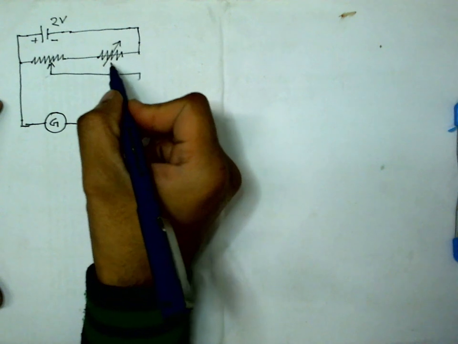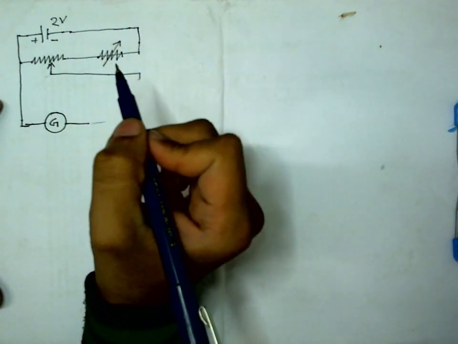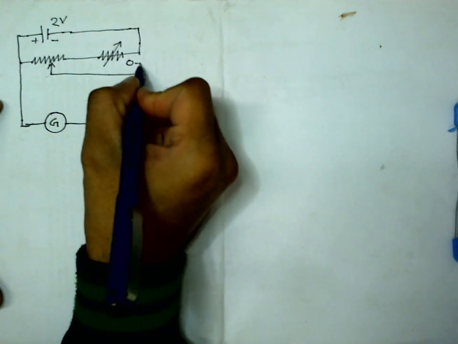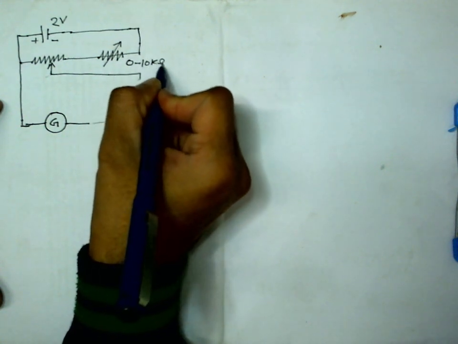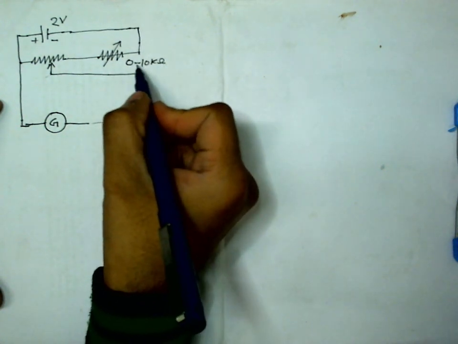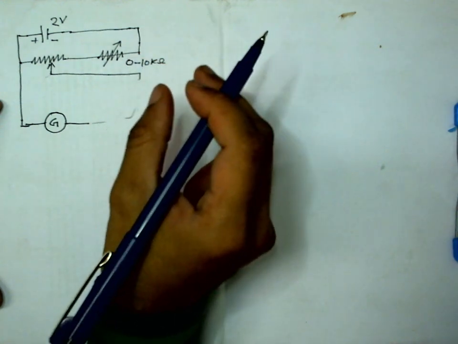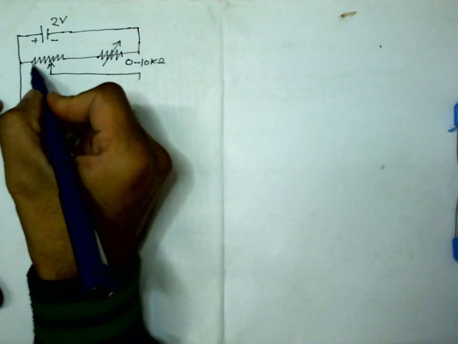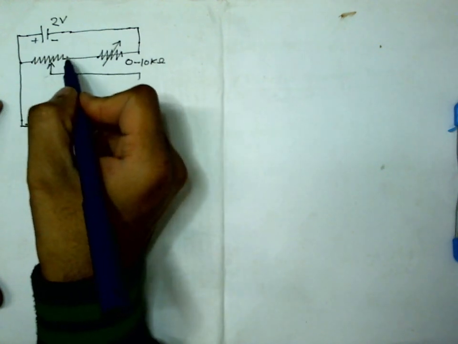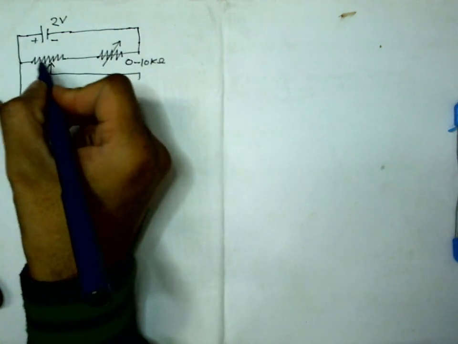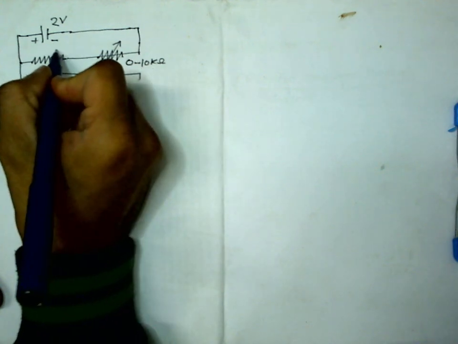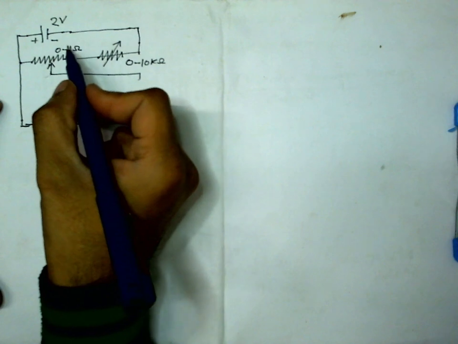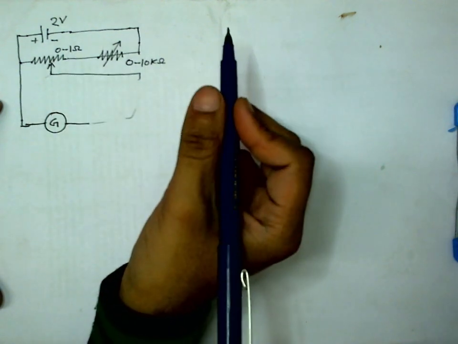Okay, and this variable resistance can vary from 0 to 10 kilo ohm in steps of large values. I do not know the exact values, maybe 1 kilo ohm. And this part is also a resistance box, variable resistance. This can change between 0 to 1 ohm, I think in steps of 0.1 ohm.